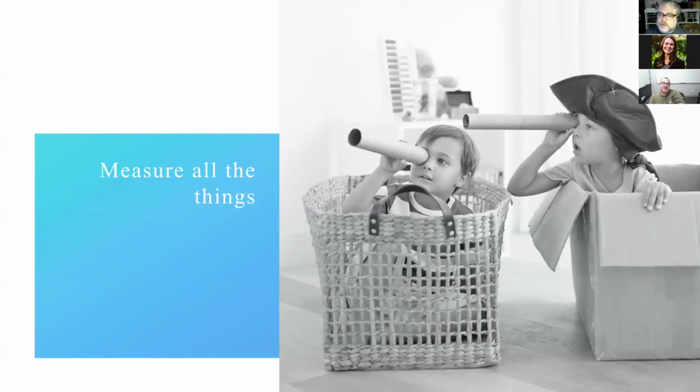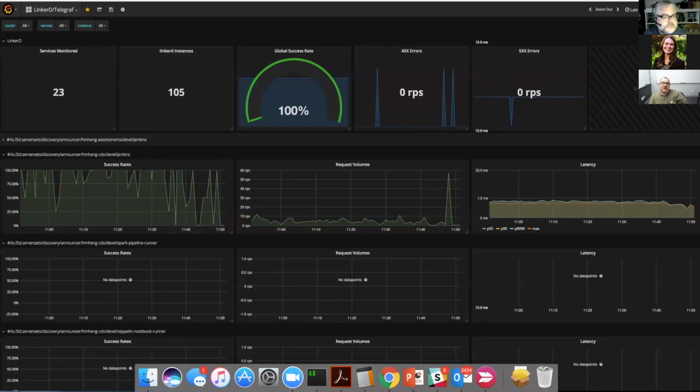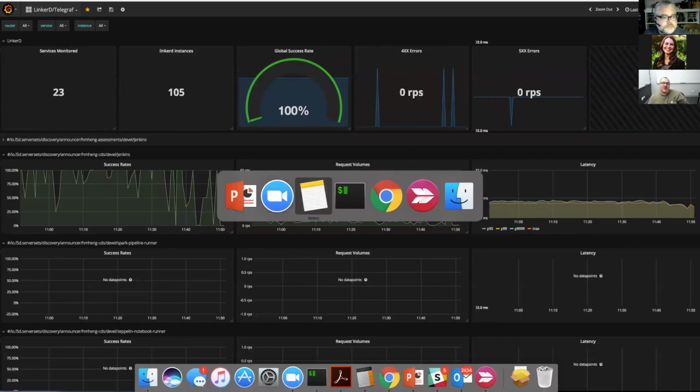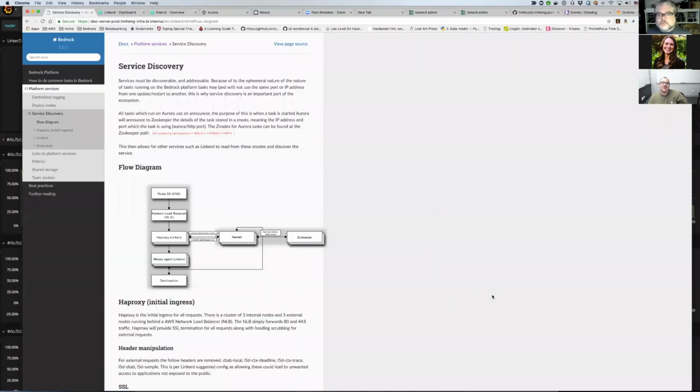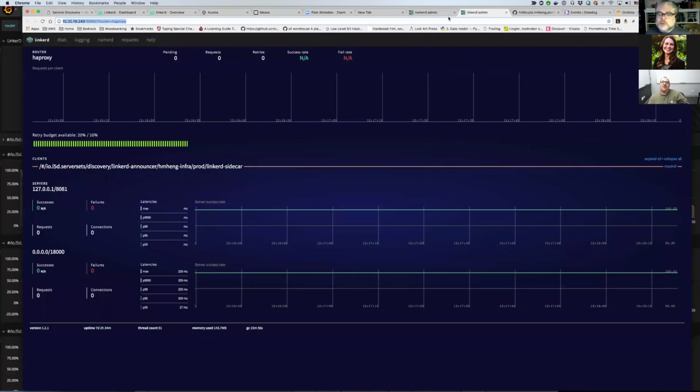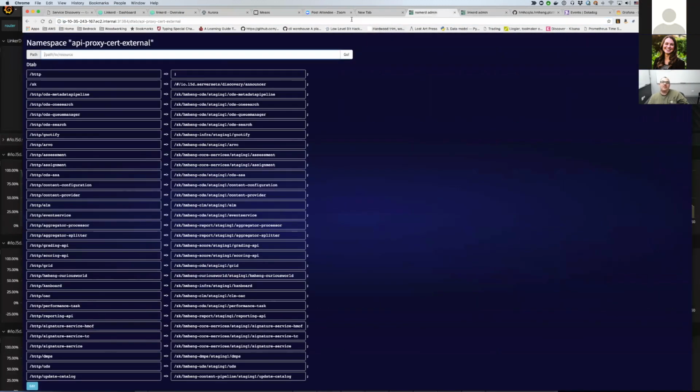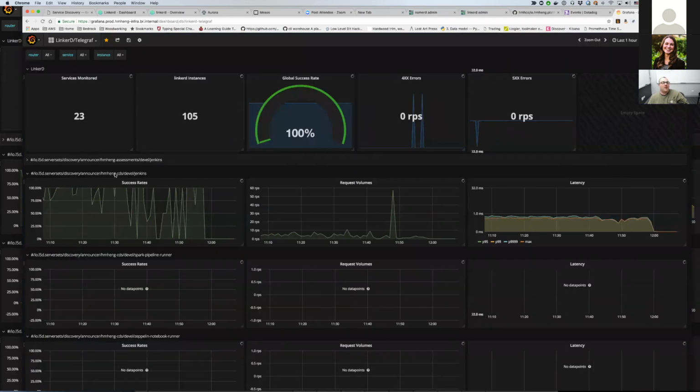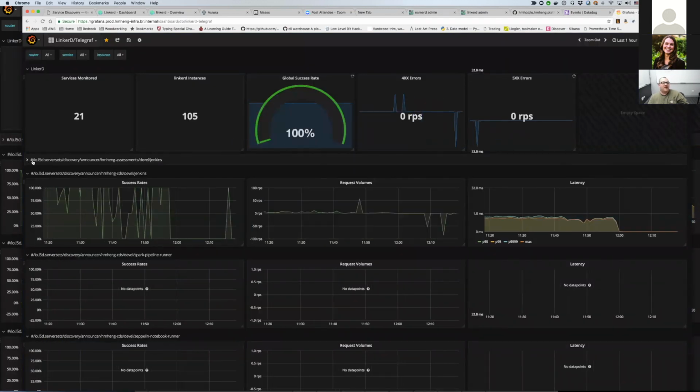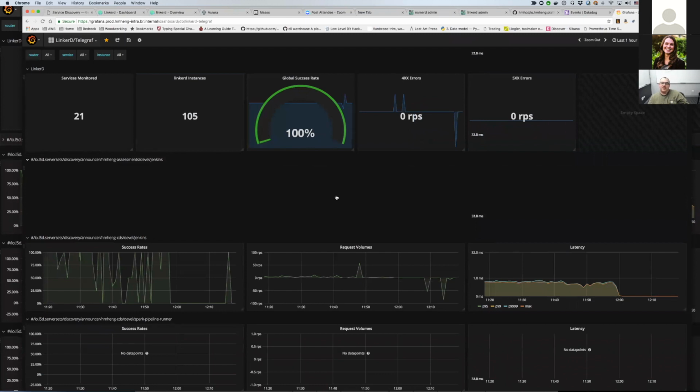Measurement, we measure a lot of metrics on all the routers. That is a screenshot of our dashboard, but when I go over here to the actual dashboard, every router in Linkerd is a metric.